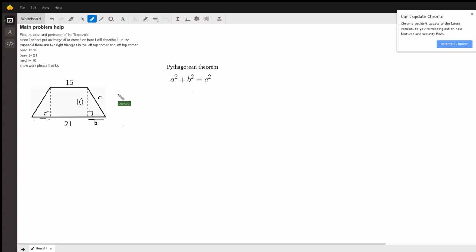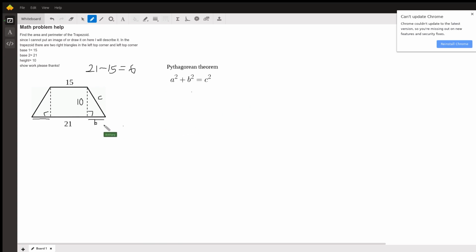And because we can assume that the trapezoid is symmetrical, each B length is going to be the same length, which means that each will be half the difference between base 2 and base 1. So what's the difference between base 2 and 1? Well, we can take the longer length, which is base 2, 21, minus 15, the length of base 1, and then we will get 6. Okay, so that is our difference.